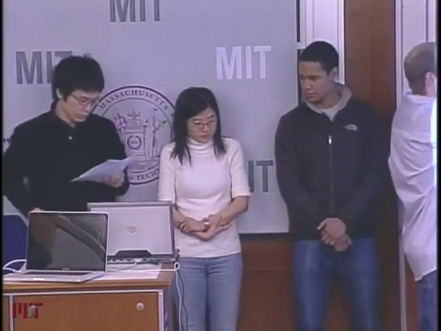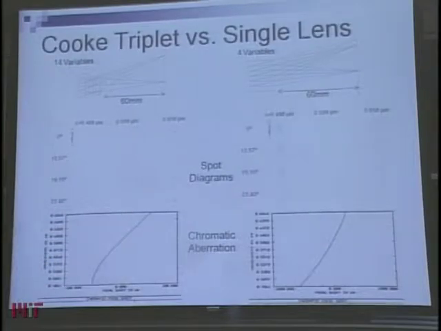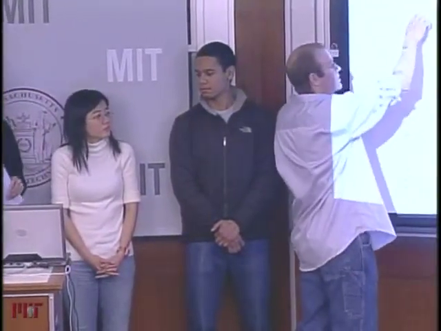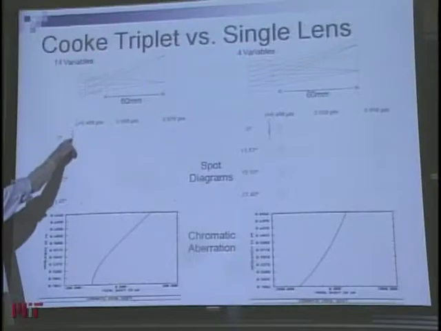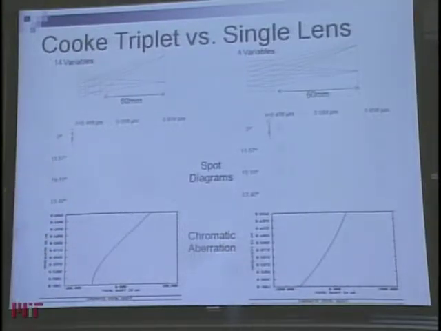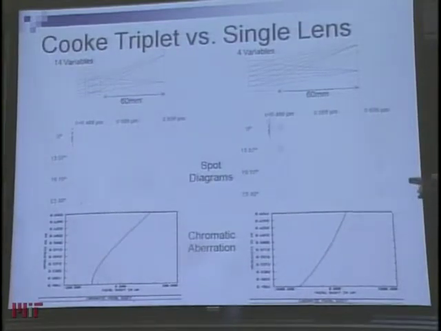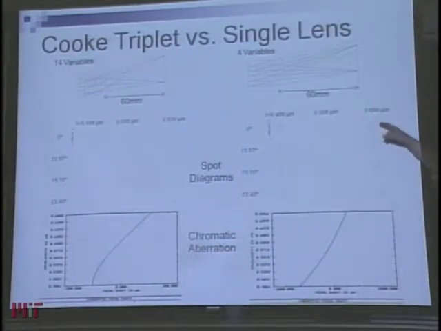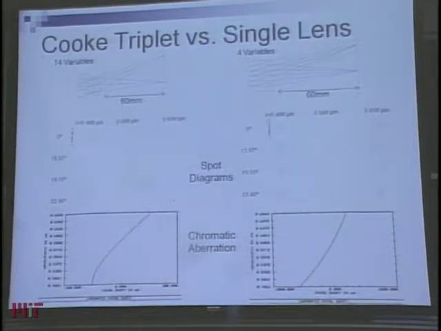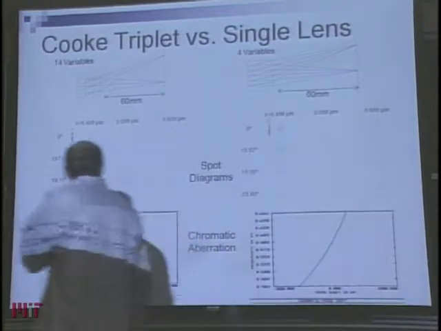These spot diagrams give an idea of how rays of light coming in from different angles from infinity are focused by the system. You can see both are on the same scale, and the bar represents 1 millimeter. The single lens shows significantly poorer focusing, and at higher angles a high degree of coma, which is very detrimental to the ability to focus any light.